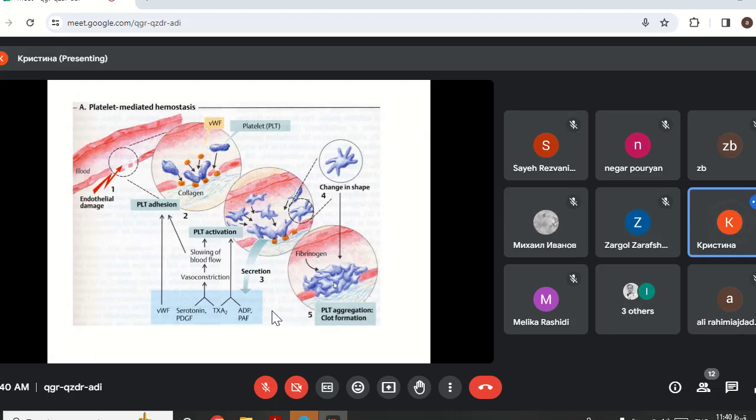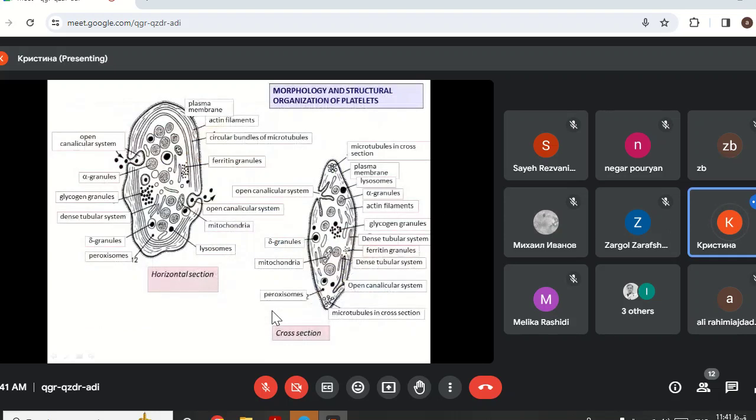This happens with the help of enzymes which are stored inside the platelets. So the clot will be broken down and the blood will move through this blood vessel.